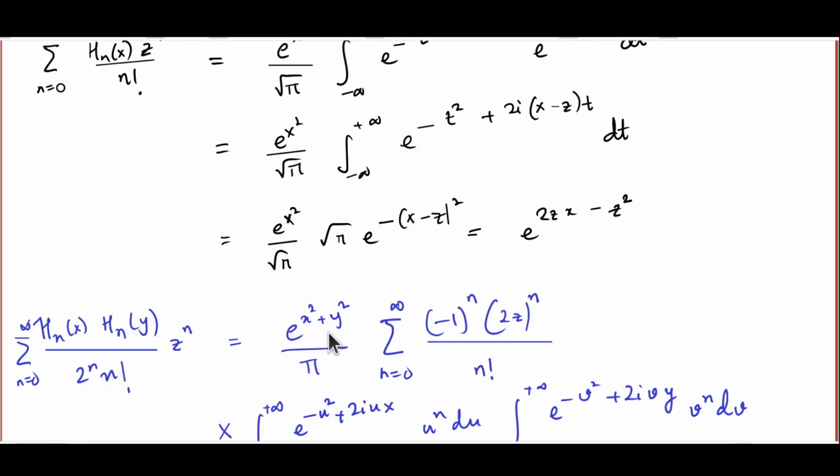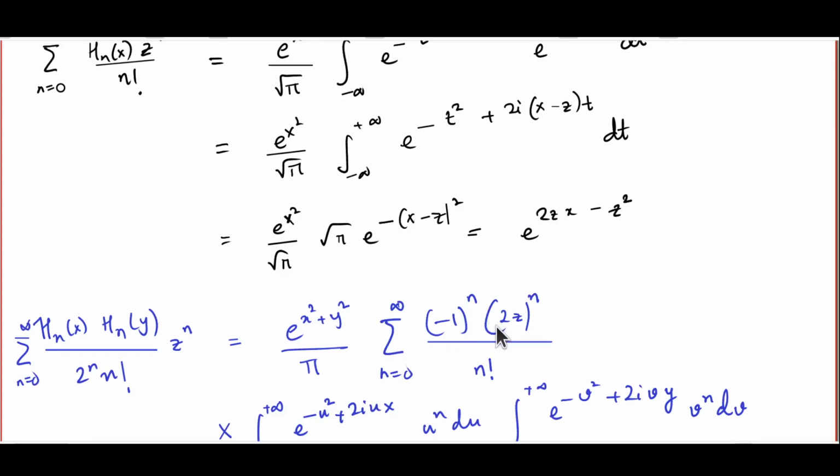e to the x square plus y square comes out outside the sum because that doesn't depend on the n. The square root of pi whole square gives you a pi. The n dependent part, which is inside, has minus 1 to the n from the two minus i to the n's multiplied together.